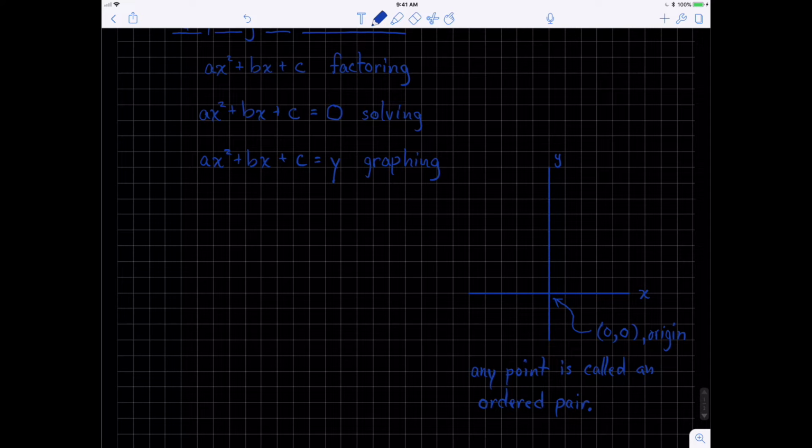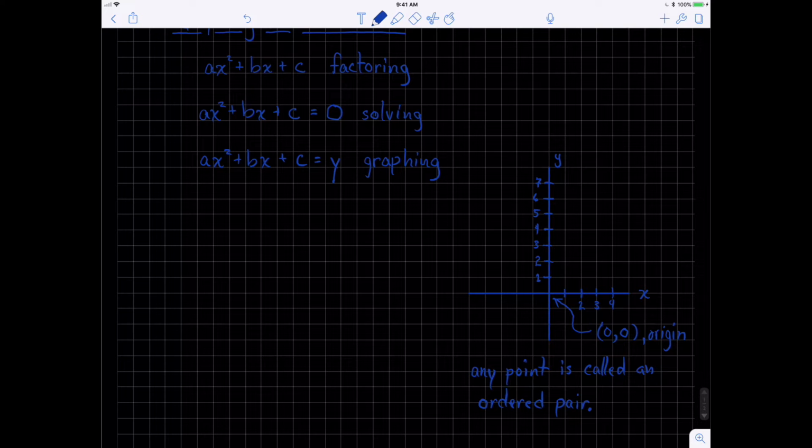So let's see, we could have x is 1, here's 2, 3, 4, and then let's go up here for y. We have 1, 2, 3, 4, 5, 6, 7.